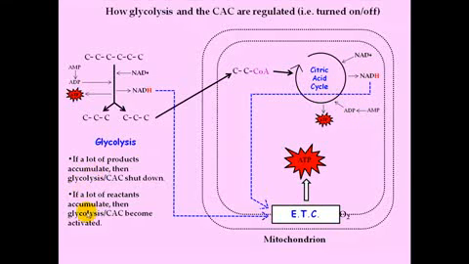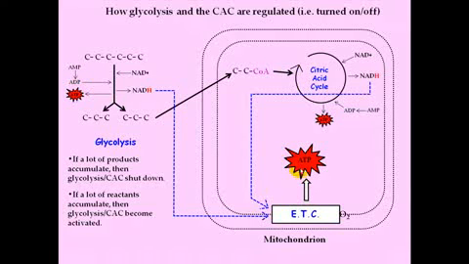And so what we're saying here is that if the cell finds itself with a lot of ADPs sitting around, or a lot of NADs sitting around, that's a good time to turn on or speed up this whole process. And so here's why that makes sense. If you have a whole bunch of ADPs sitting around, for example, that's an indicator that the cell has used up a lot of ATP, right?